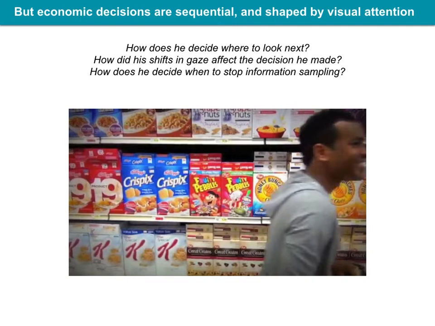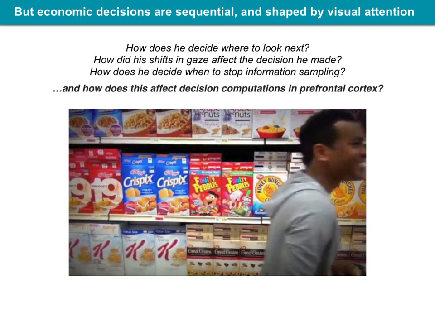Whenabouts did he decide that he'd sampled enough information and could commit to making a final choice? And most importantly, from the point of view of this talk, how do all of those processes of redeployments of attention shape the computations that we think are taking place in different subregions of prefrontal cortex as that decision process is unfolding?